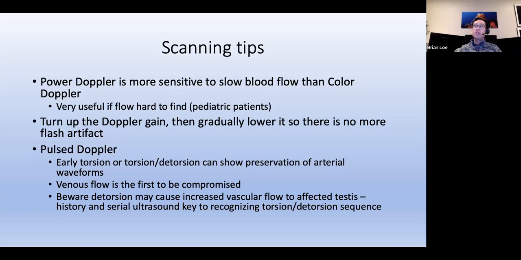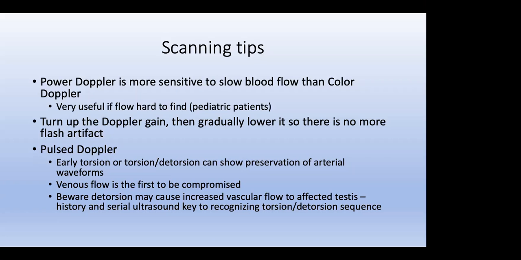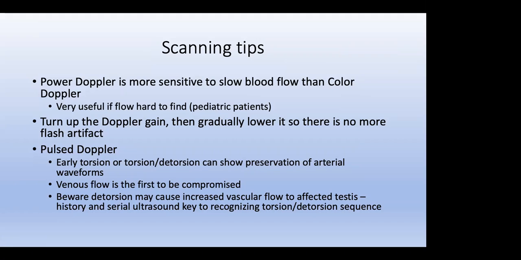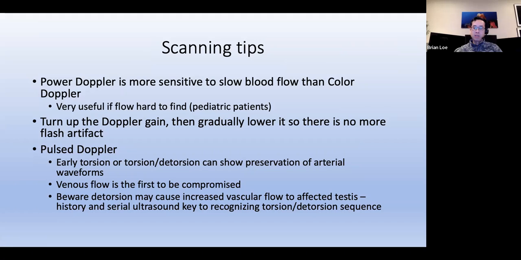It's very useful, especially in kids, because I find it's harder to get color flow seen with the small testes of children. It just doesn't pick it up. So power Doppler is useful. Another hint is to use power Doppler and then increase the gain. So you increase the sensitivity until it fills in the color map, and then you slowly back off on it until all you see is some pulsatility.